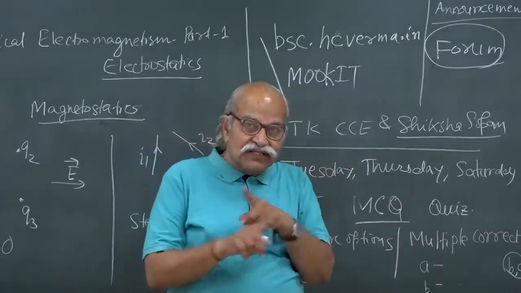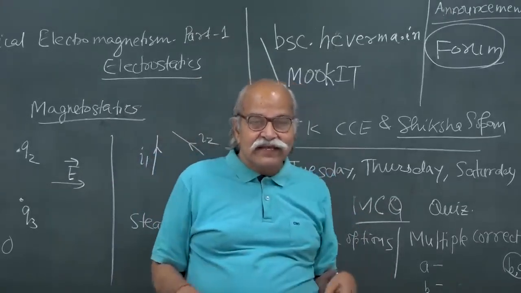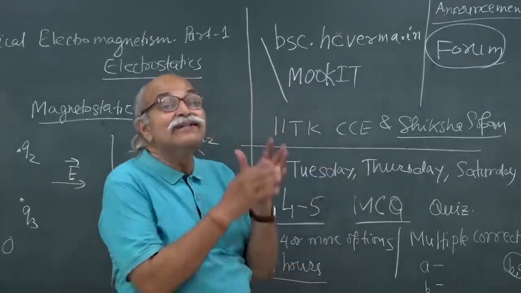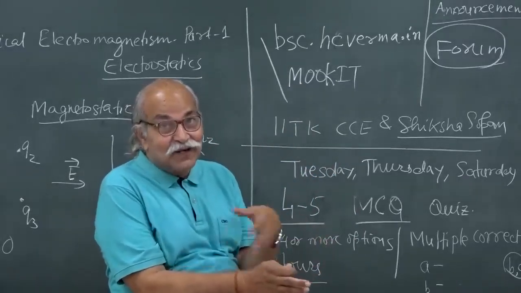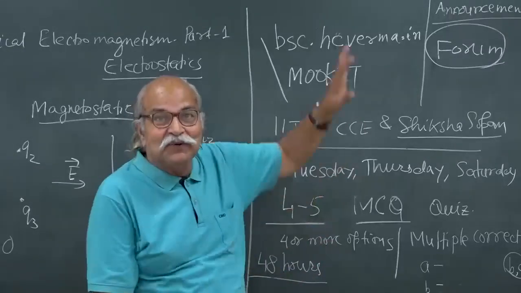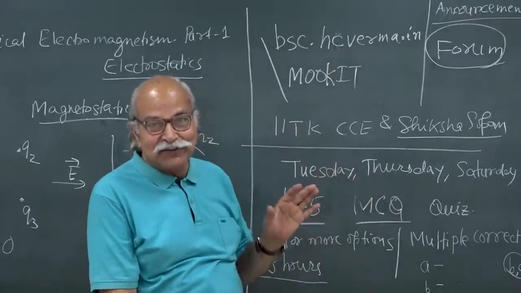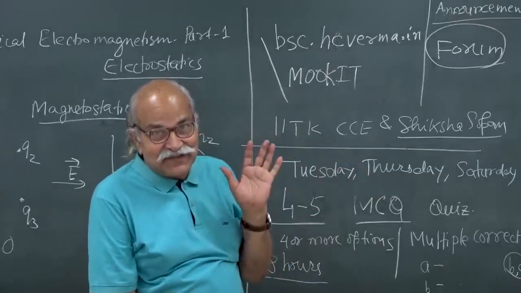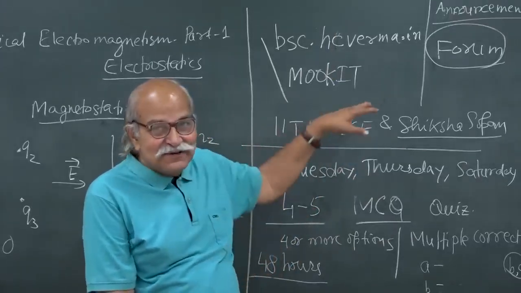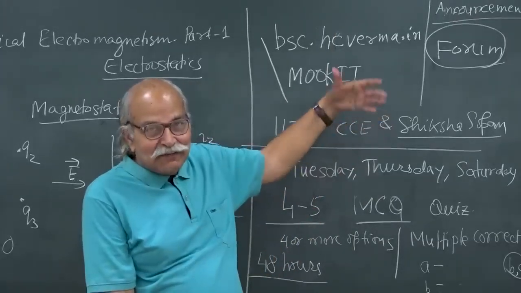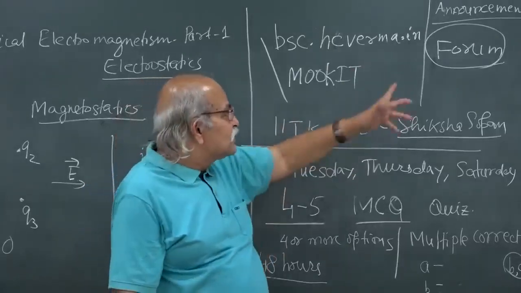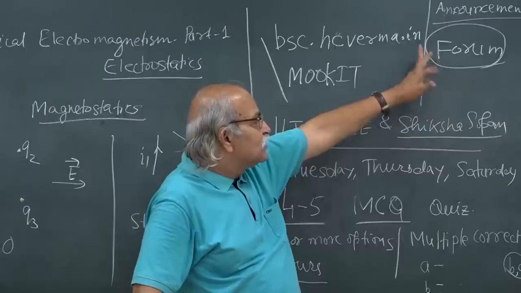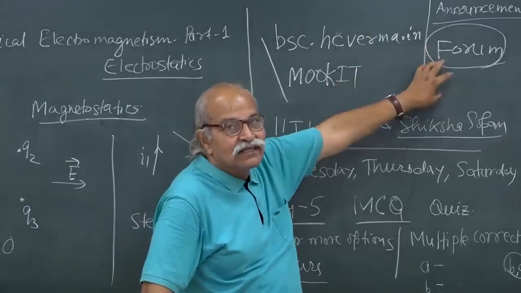This way the discussion will go on, and I will also be occasionally looking at this discussion forum. It will not be possible for me to look at all the posts, because they are always in thousands in the course, but occasionally I also look at that, and I also reply to some of the questions, but then the participants themselves reply to each other, and most of the queries are solved.